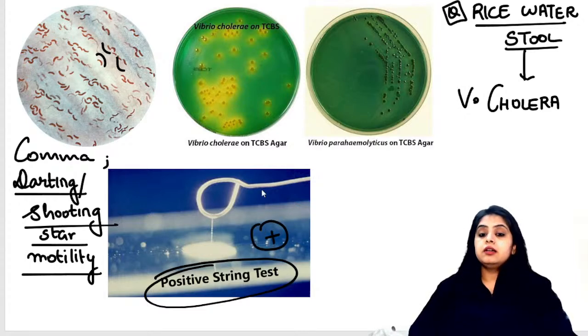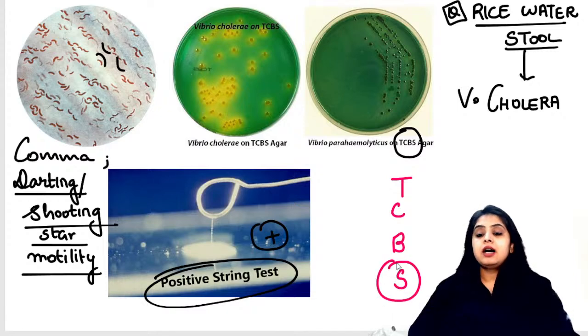Second point. Third point. What is this culture media? TCBS. Even if you don't know the full form, no problem. TCBS. Which sugar is being fermented? Earlier I was talking about lactose. Now I'm talking about sucrose fermentation. So remember that Vibrio cholerae is a sucrose fermenter on TCBS.